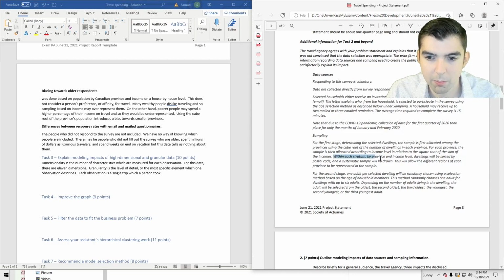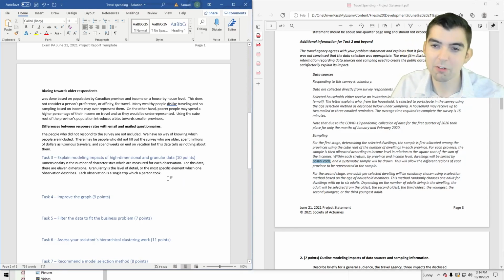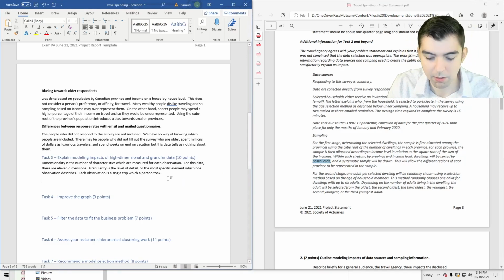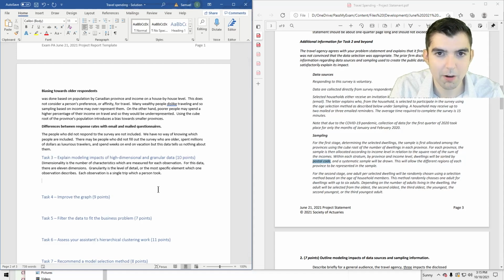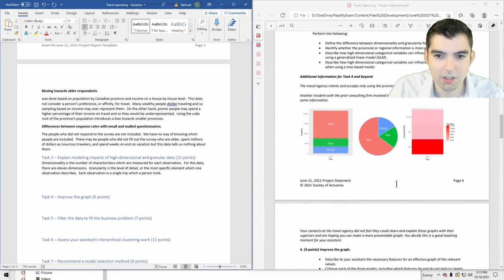Within each stratum, province. I think regions are related to postal codes. Now I'm trying to answer this as if I was just sitting for the exam, because I don't know in Canada off the top of my head whether a region is a postal code or a province is like a state, but I'm going to assume that that's the case and then answer the question with the best knowledge that I have.